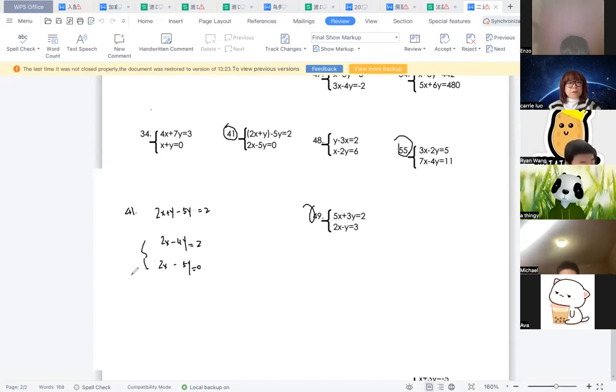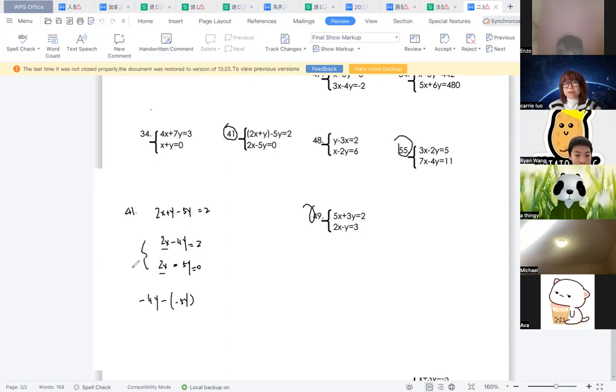Okay, so let's take a look at this one. Michael has sent it to me. Enzo has sent it to me. First of all, Ryan and Athene, this is totally different, because it's minus. So 2x minus 2x, no x, no problem. Negative 4y minus negative 5y equals what?